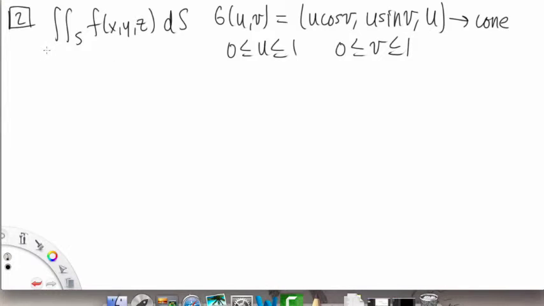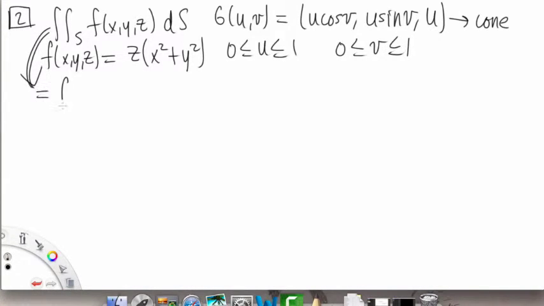And we're also given a lot of given things. We need to be, right? Because if you don't have enough given, then you can't solve the problem. But our given scalar function is z times x squared plus y squared. Okay? So, again, the way we break it down is a double integral over the domain. This is the domain of u and v in the uv plane, remember?